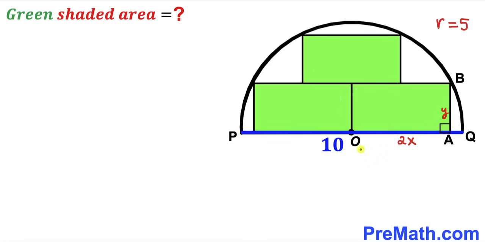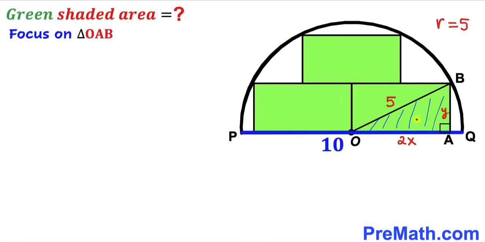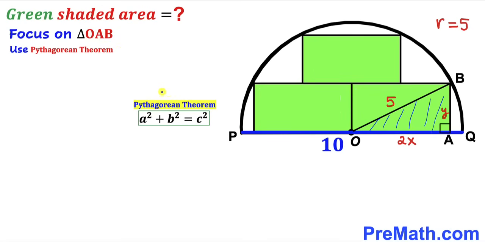Now I'm going to connect the center O with point B. We can see that OB is the radius of this semicircle, and we know the radius is 5, so OB has length 5. Now let's focus on right triangle OAB and apply the Pythagorean theorem: a squared plus b squared equals c squared.